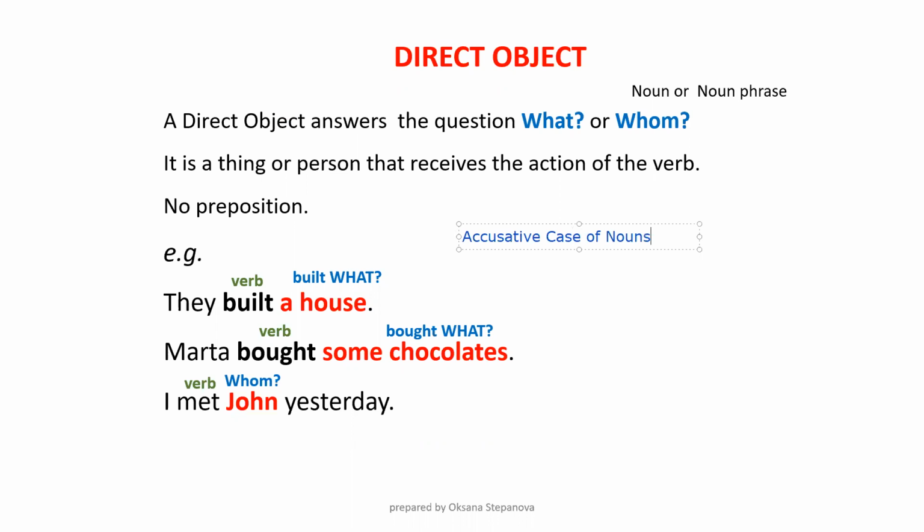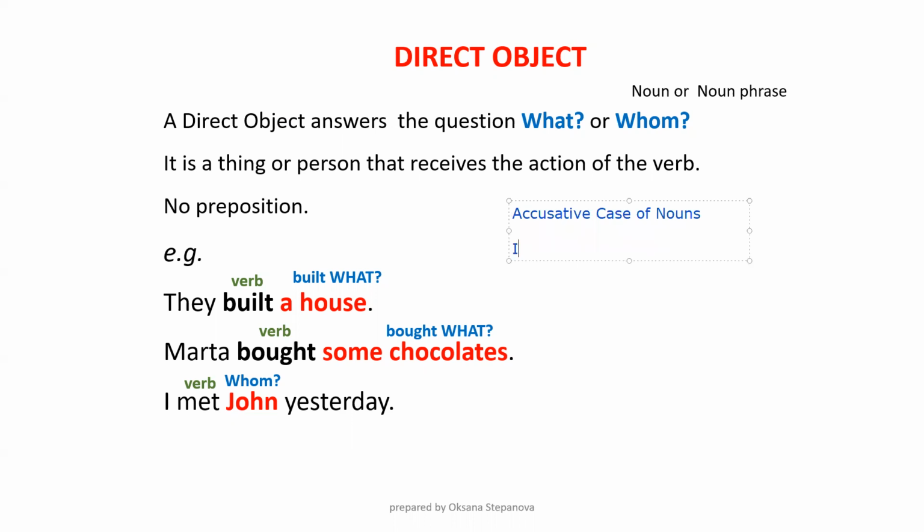Okay, so if you put a noun into accusative case, especially for those people who learn different languages, like European languages that have cases, it might be easier for such people to understand this piece of grammar. When you put this object into a case, you can understand which case that is. All right, so let's look at the accusative case of nouns.